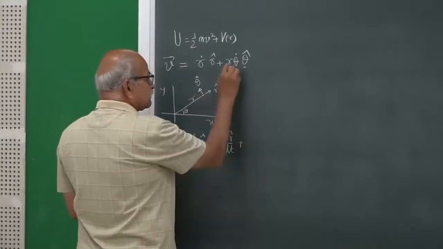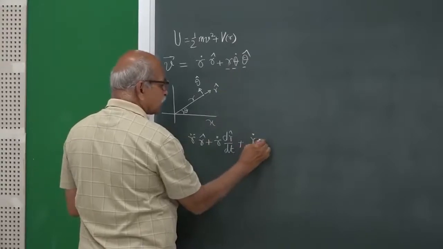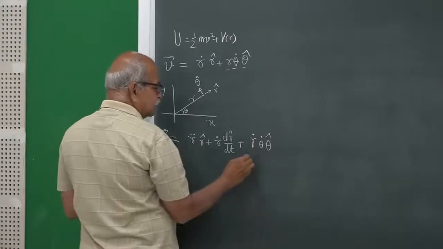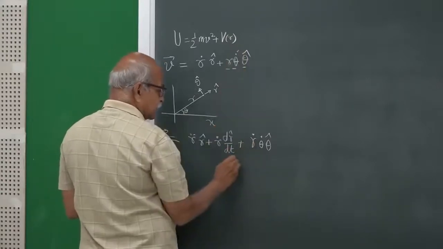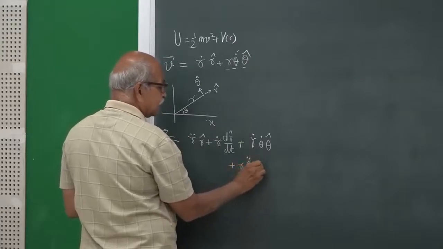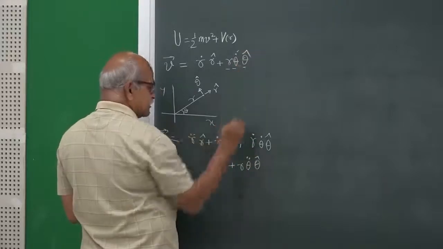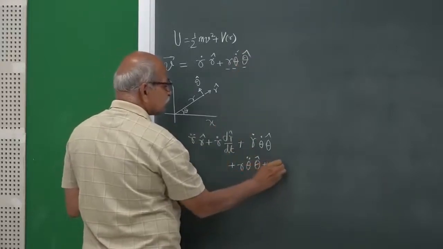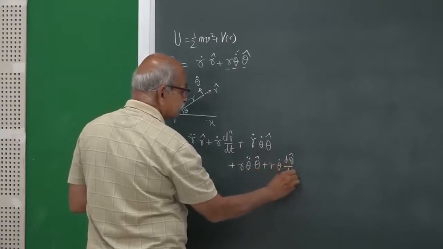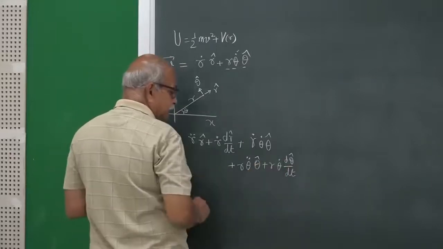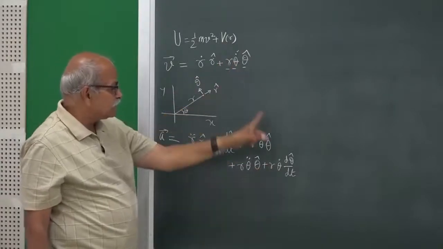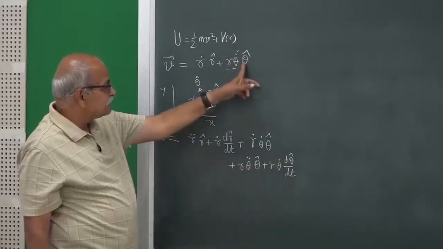So, differentiate this r dot and keep the rest there, and then differentiate this one. So, plus r theta double dot and then theta cap. Now, differentiate this one. So, plus r theta dot and d theta cap dt. So, r kept as it is, theta dot kept as it is, and this is differentiated.